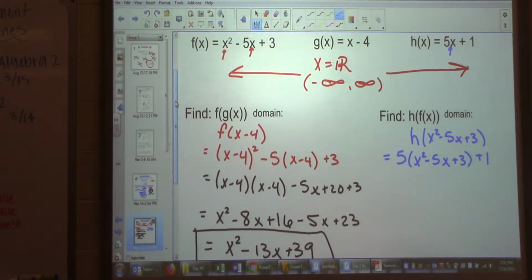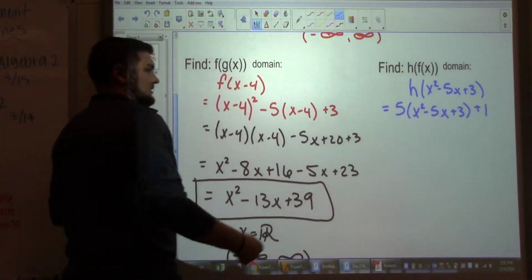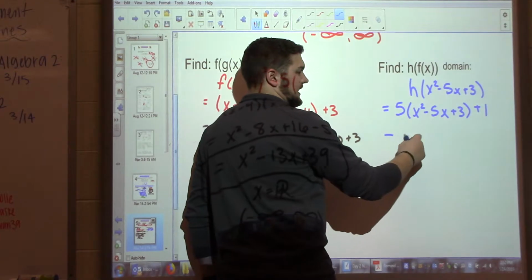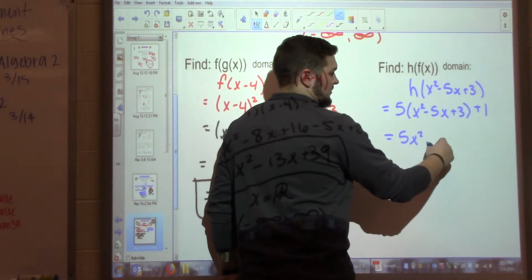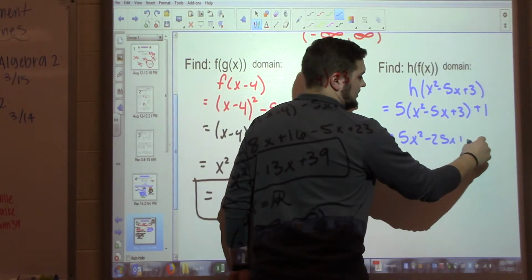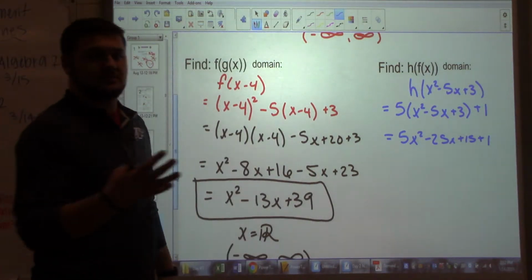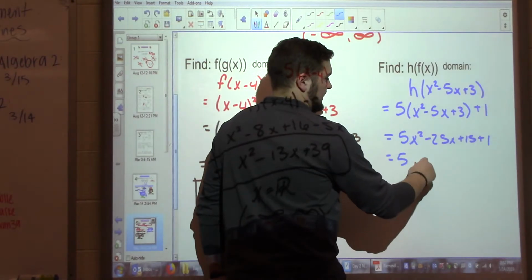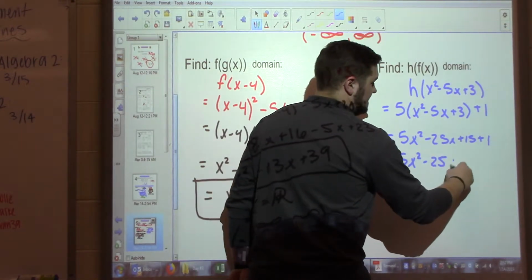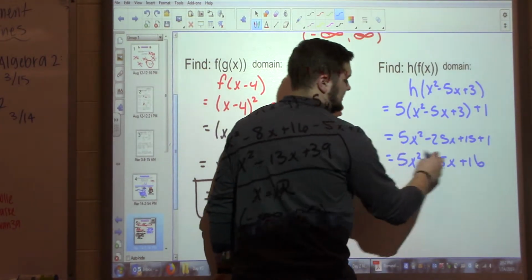What do you think I should do next? Distribute the 5. So distribute 5, we get 5x squared minus 25x plus 15 plus 1. Then just combine your like terms. 5x squared minus 25x plus 16.